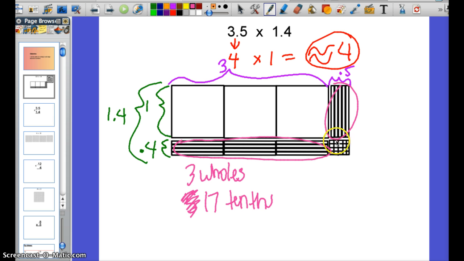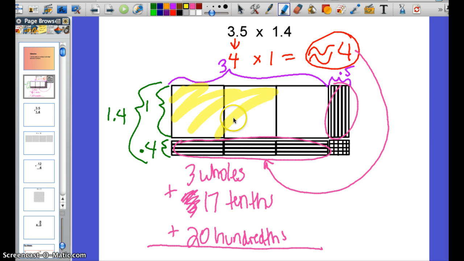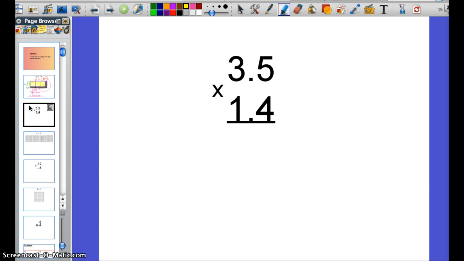And then we have 1, 2, 3, 4, 5 by 4, we have 20 hundredths. And to find our answer, we would simply add all of those together. As our prediction stated, it would be around 4. The majority of this array is our 3 wholes and then some, so I think that our estimation was correct. Our final answer for this one is going to be a little more than 3 wholes.